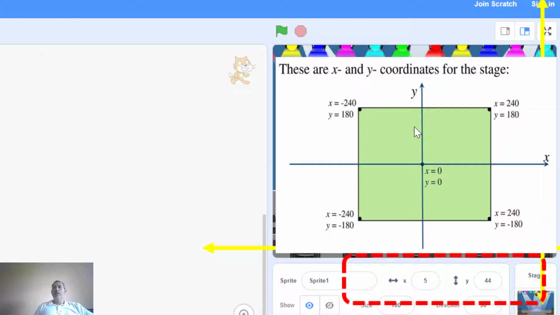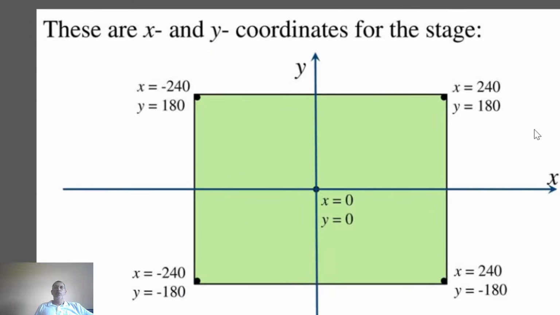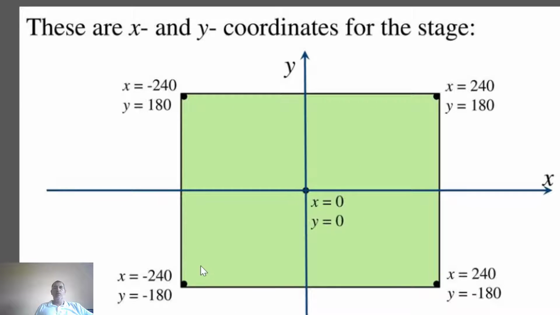So basically, this is just the coordinates of the entire stage. From the center, x equals 0 and y equals 0. And if you move here, x is going to go higher, 0 stays, y stays on the 0 level. But if you go in this direction, both x and y are going to change.